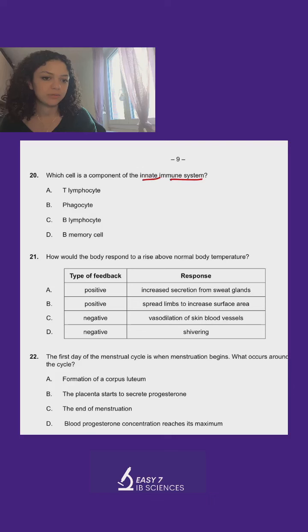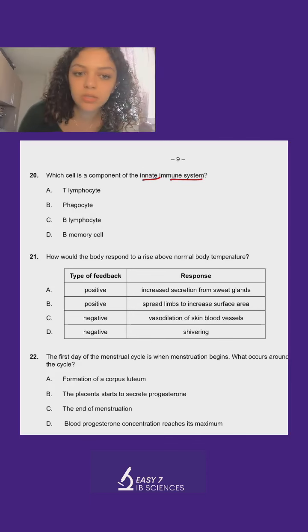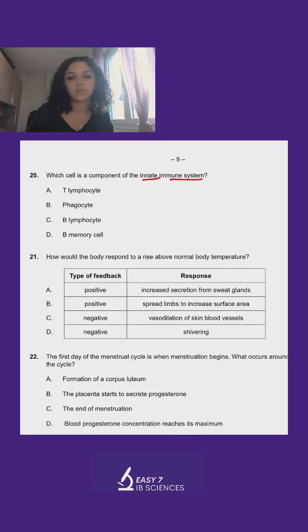Phagocyte, very good. B. Can you give a chance for other people as well? Phagocyte. Innate is immune. Very good, guys. So the primary immune response, the innate immune response, is how the body responds initially to specific pathogens.